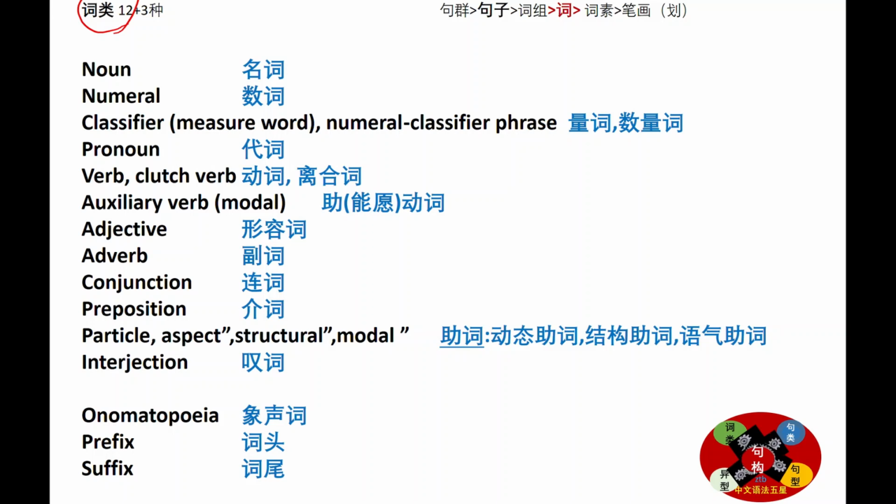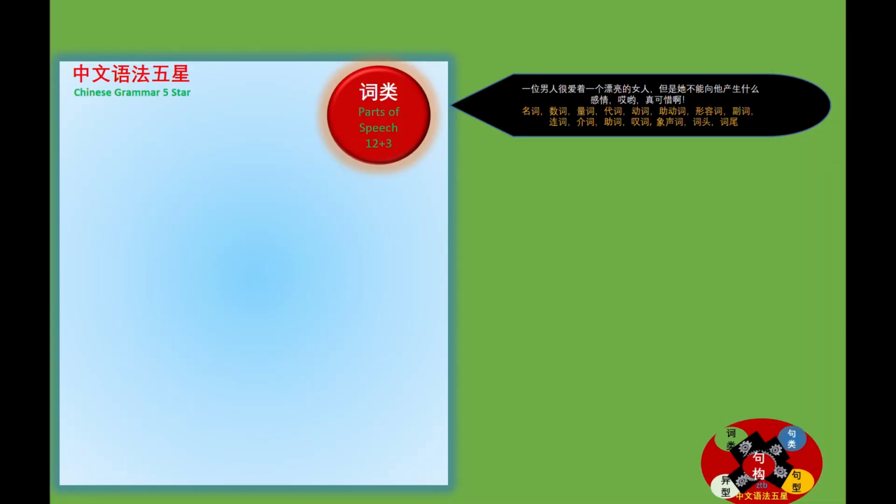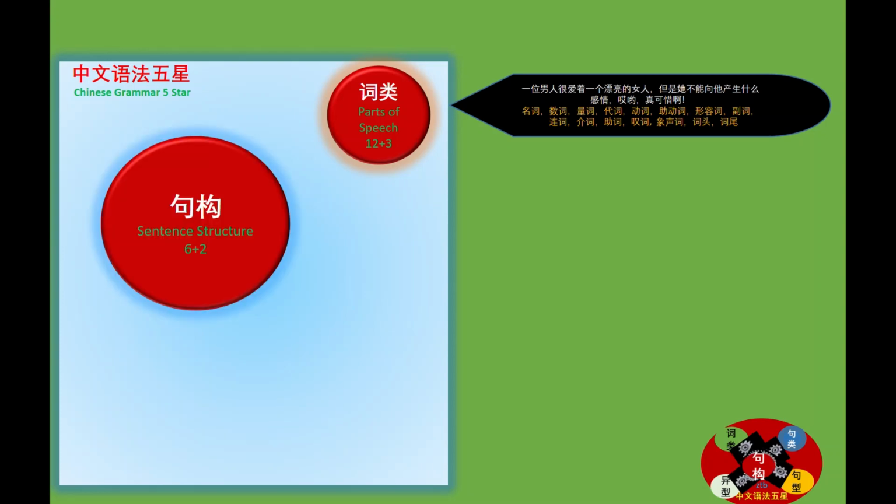We are going to learn all this in full length later on. Then, next, 句构, sentence structure. You can see here something like a clothesline diagram. It's going to be interesting to learn Chinese sentence structure. Take a look.